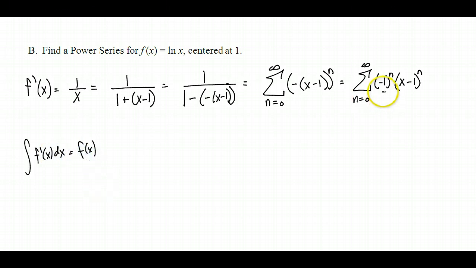If we integrate this, it's just the power rule, what we did at the end of section 8. And then you have your summation from 0 to infinity. The negative 1 to the power of n is just going to stay, because that's just an alternating number. But then your power rule is x minus 1 to the power of n plus 1, all divided by n plus 1.